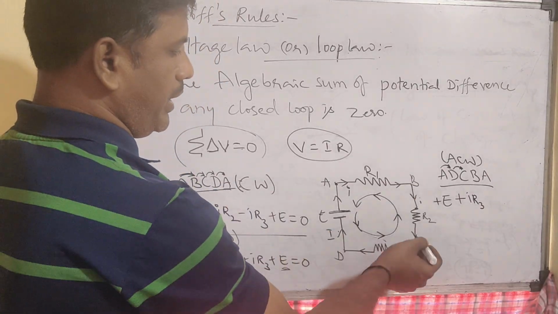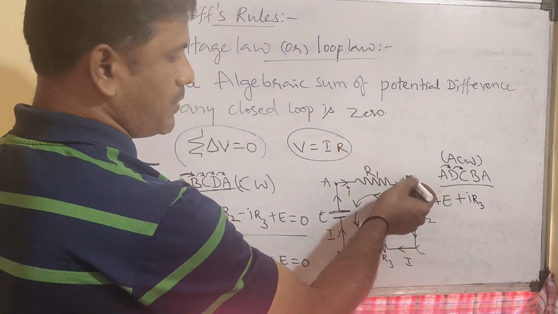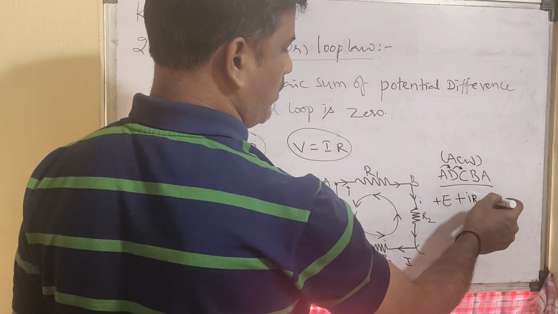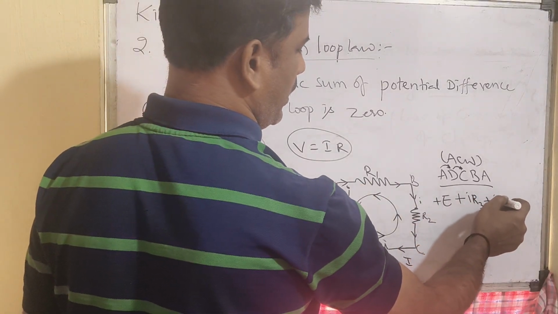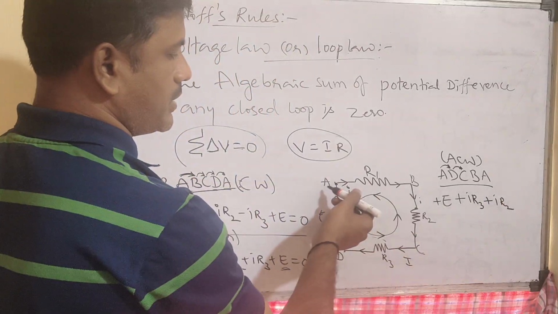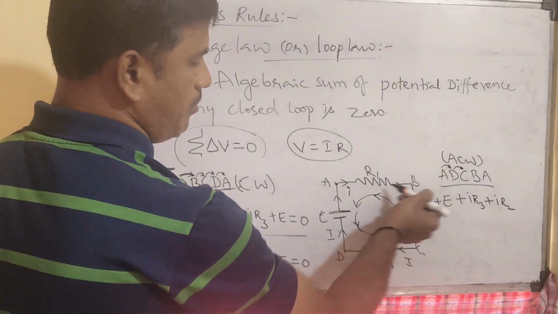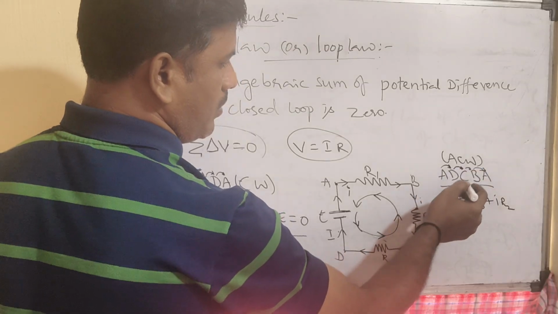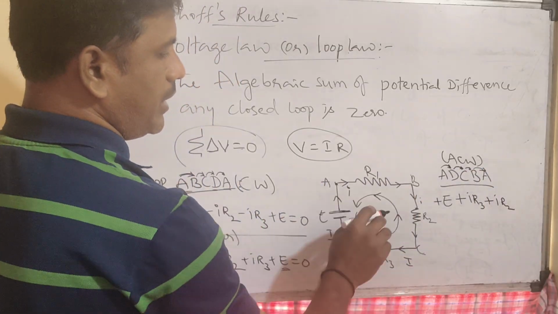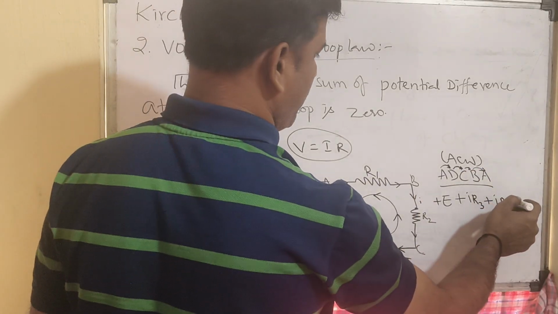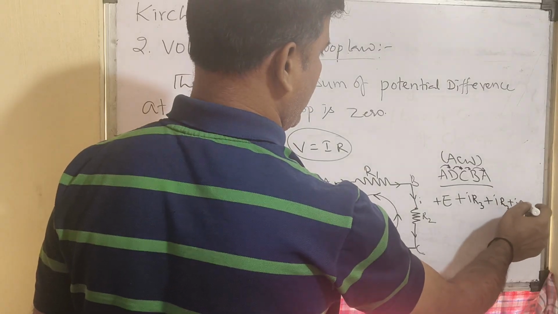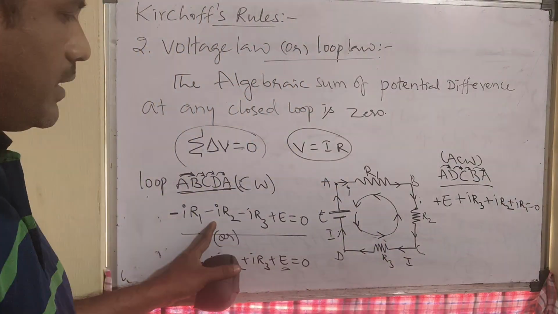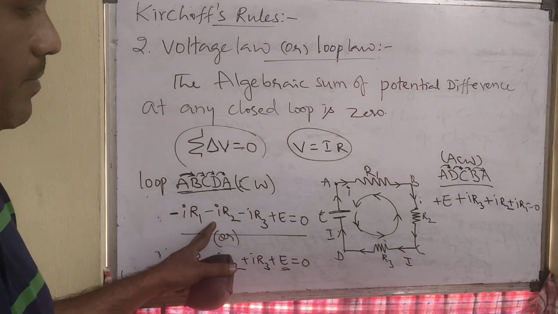Next, C to B is the path direction, but current direction is B to C. So that's why plus IR2. Next, path direction is B to A, but the current direction is A to B. So that's why plus IR1 equal to 0. This is according to the first condition.